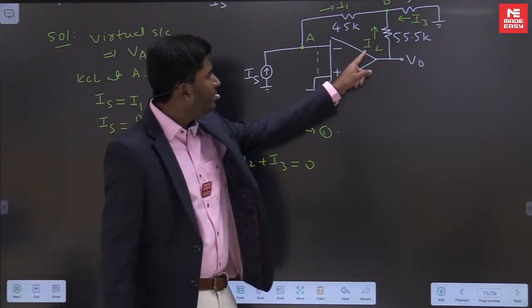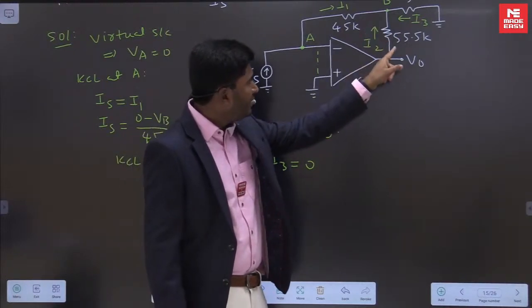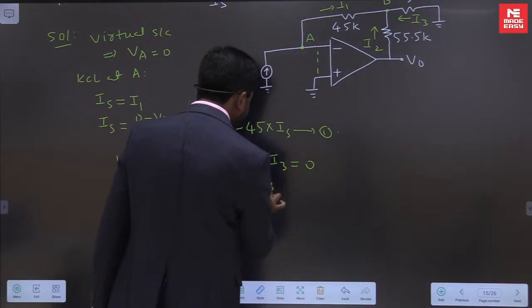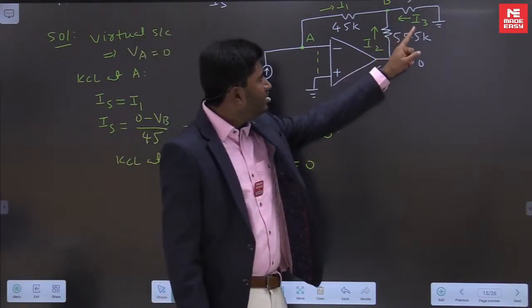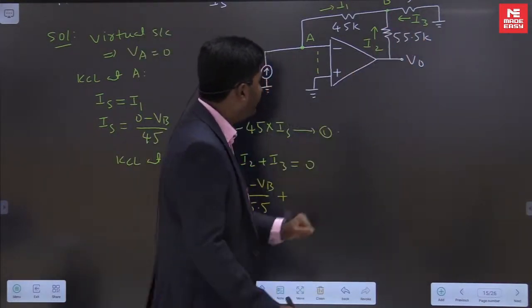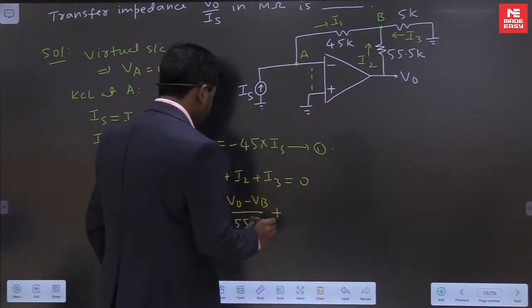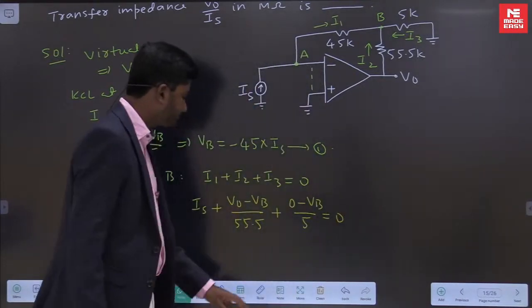What will be I2 here? I2 will be V0 minus VB divided by 55.5, plus I3. I3 will be 0 minus VB divided by 5. This resistor is 5K. So IS plus V0 minus VB divided by 55.5 plus 0 minus VB divided by 5 is equal to 0.